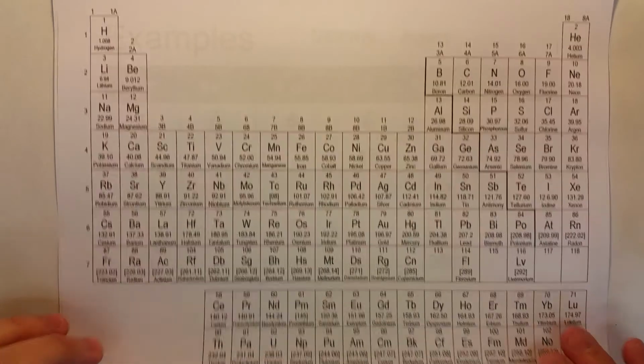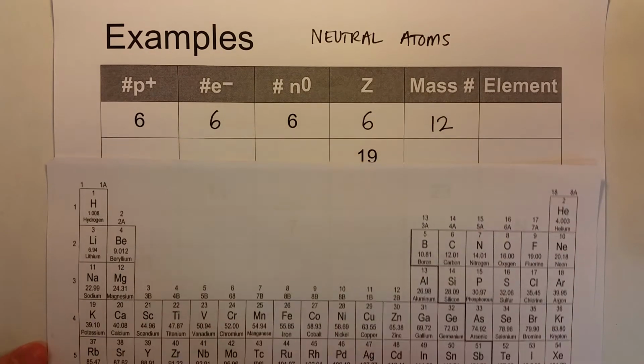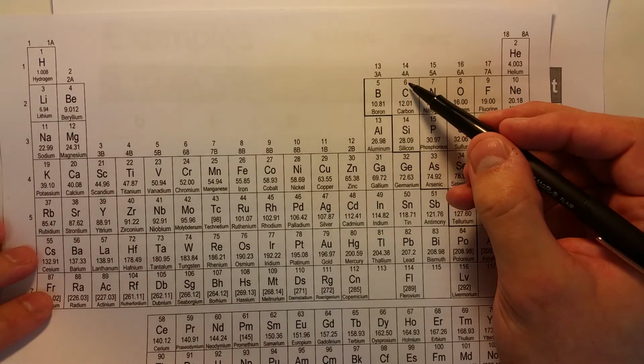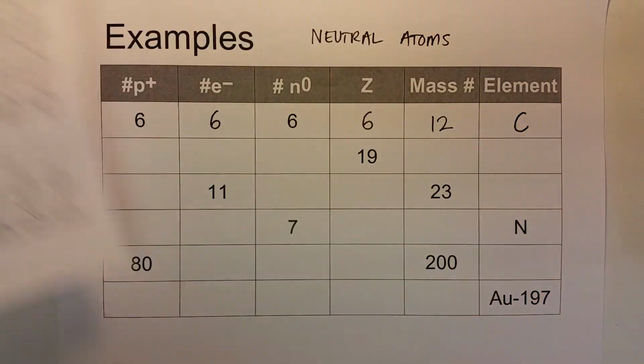For this instance, we know we have an element with an atomic number of 6, or 6 protons. So on the periodic table, we're going to find the element with 6, and that of course is carbon, something that we've been working on a lot.